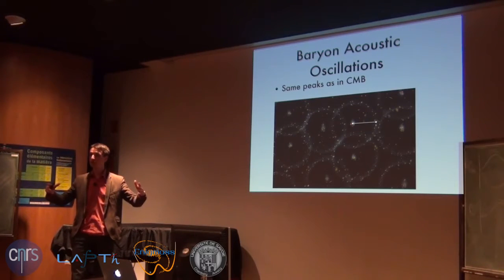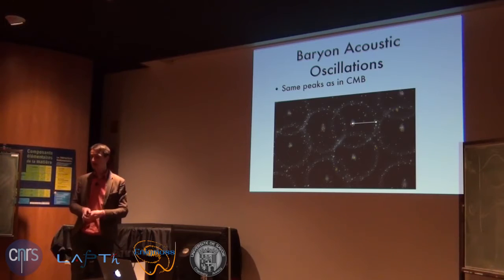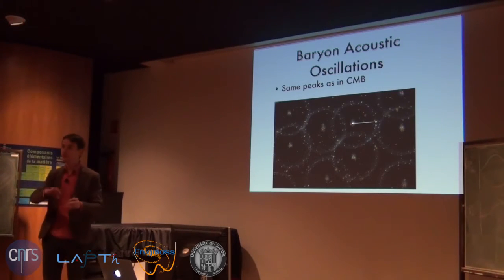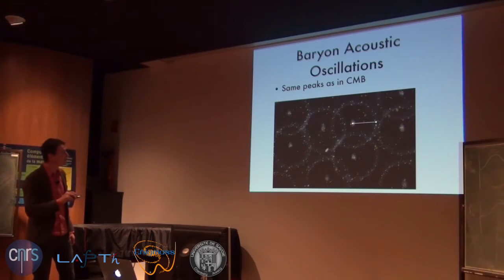Pressure disappears, so the wave is frozen in. It's like you throw your rocks in the pond, and at some point you stop time, and the pond keeps that wiggly structure. So around every overdensity we have, in a sphere around it of 150 megaparsecs, or 100 megaparsecs over h, an overdensity of the pressure wave that went out.